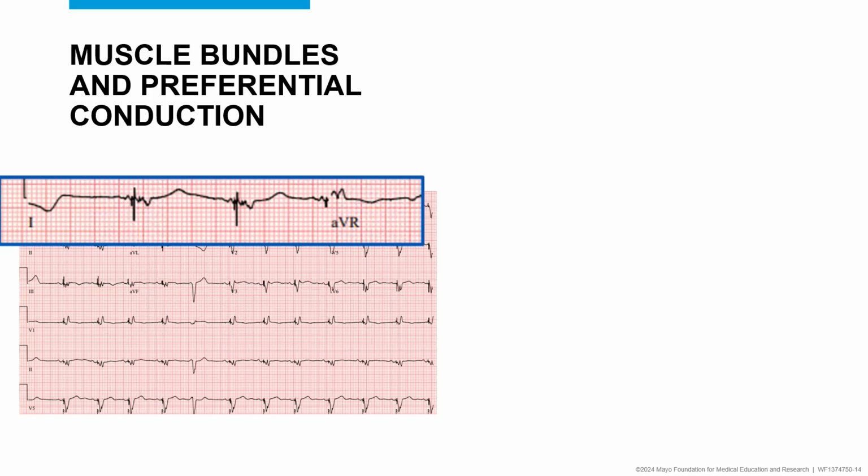How does that happen? You're facilitating that conduction by getting to that lateral wall very early. You can only be negative in lead 1 if you're getting there first before anywhere else. Even though there is a little bit of fragmentation and maybe a little bit of an isoelectric segment initially, the bulk of the vector for pacing at the left bundle is moving away from the left shoulder, which is exactly what you want from resynchronization of the heart.